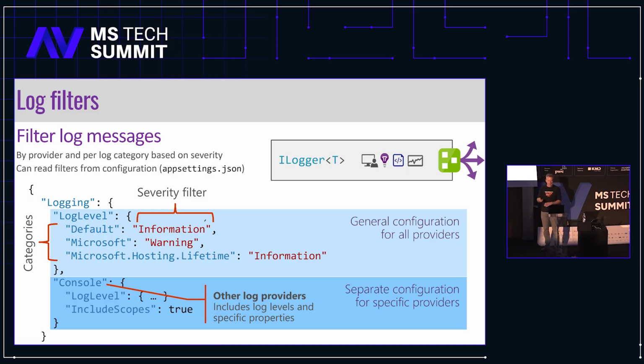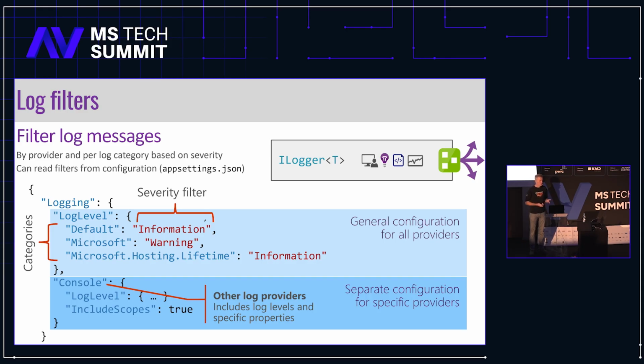So you can do that anywhere in the .NET configuration system; you can provide the settings for your logs. Usually it's appsettings.json. And then you have this section where it says, okay, this is for every provider. We say, okay, per category, this is the severity level that we're looking for. We want to see everything from this and up.